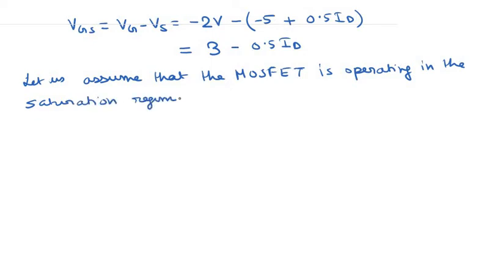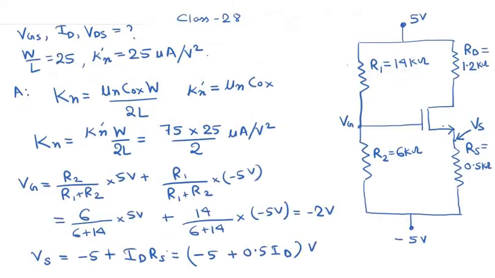So if the MOSFET is operating in the saturation regime, then the current is given by ID equals capital Kn times VGS minus VTN whole square. Okay, now VTN for this MOSFET is given as 1 volt. So I have forgotten to write this here. So VTN for this MOSFET is basically 1 volt.